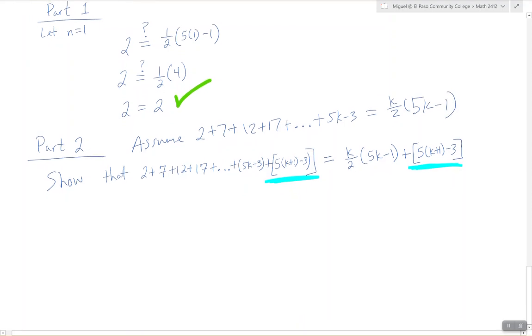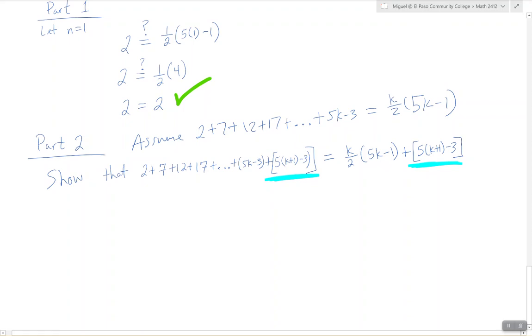Okay, I just rewrote the original on top. So this is what we're assuming is true, what was given to us, and then we're going to show that it works for the next step, right? So the next step is, we said this stops at 5k minus 3, so the next term would be 5 times k plus 1 minus 3. And then now I'm adding this term to the left, so I have to add it to the right. Now we work on that right side and see if we can get our goal.